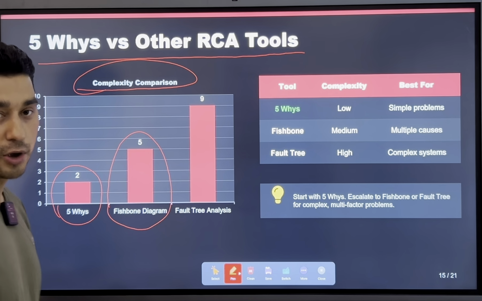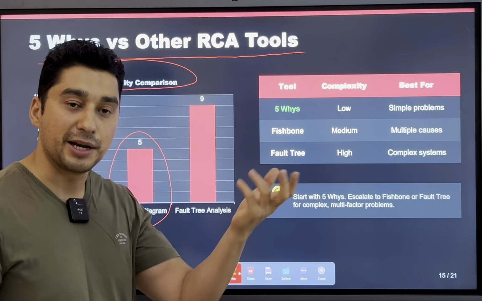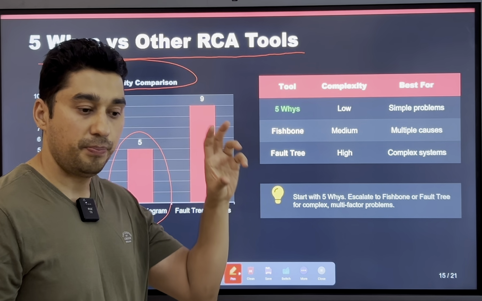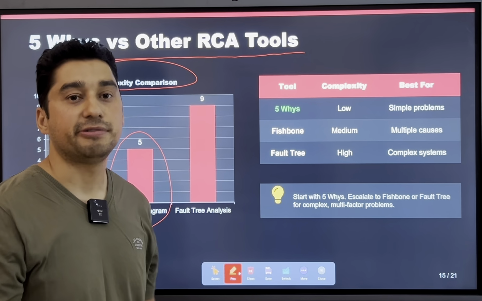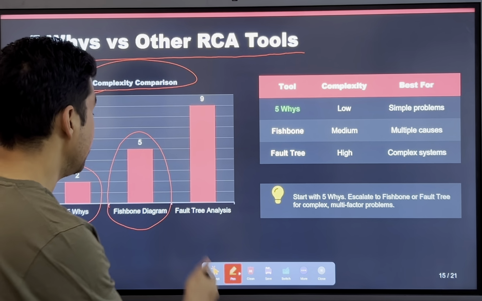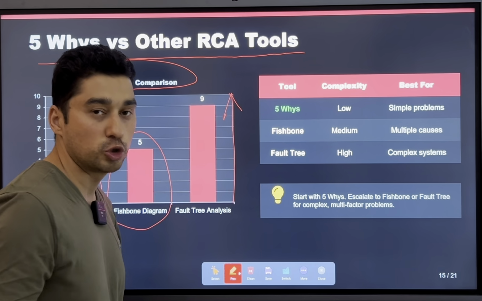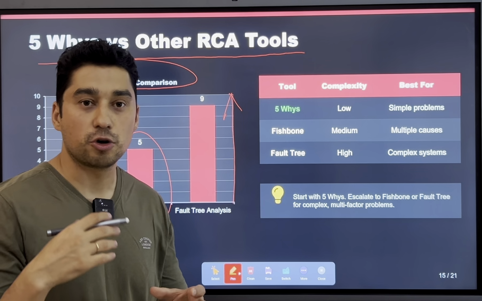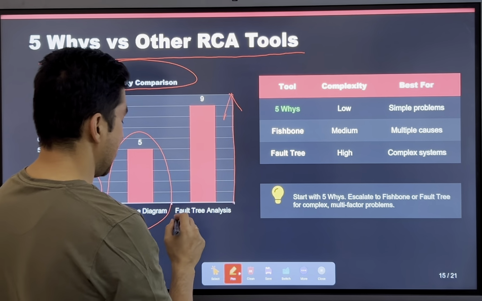Because in the fishbone, you have to identify the different things, causes and sub-causes. Then fault tree analysis is a much more complex one. That you can use on a very complex process. There you can use the fault tree analysis, FTA.